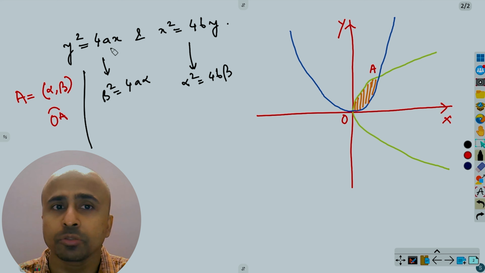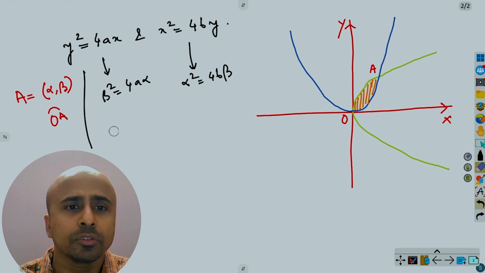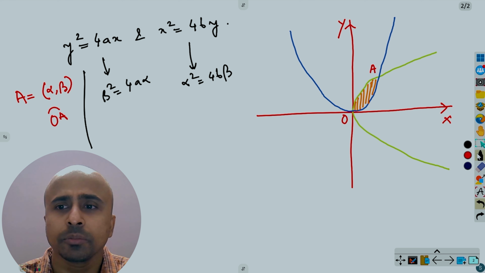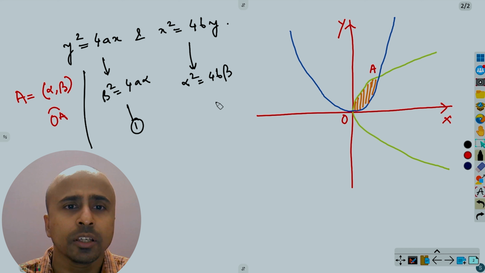So this will be the relation. Let's not do the calculation, but let's keep this relationship as it is. Maybe it will be useful later.